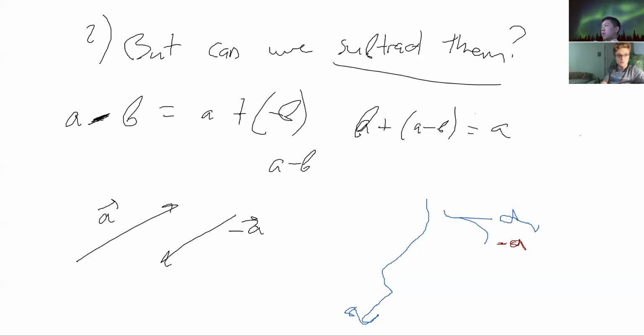So we have B, and then we have A minus B, and then we have A. So this is A, this is B, and this is A minus B. Cool. So can someone tell me now, based on what we've just done, how to construct A minus B using A and B?